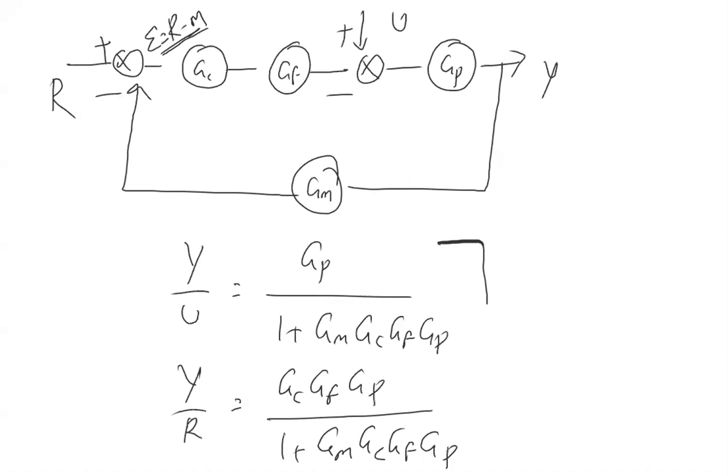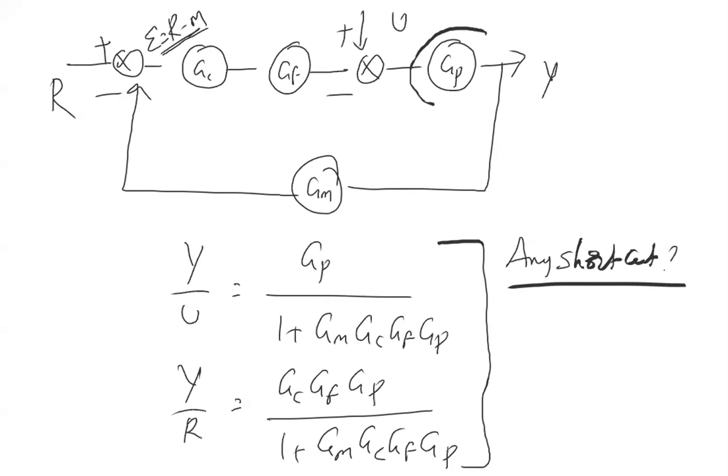Now look at these transfer functions. Can you write any shortcut? Suppose you see Y by U. What are the transfer functions between Y and U? GP only, no? Divided by 1 plus the product of all the transfer functions.